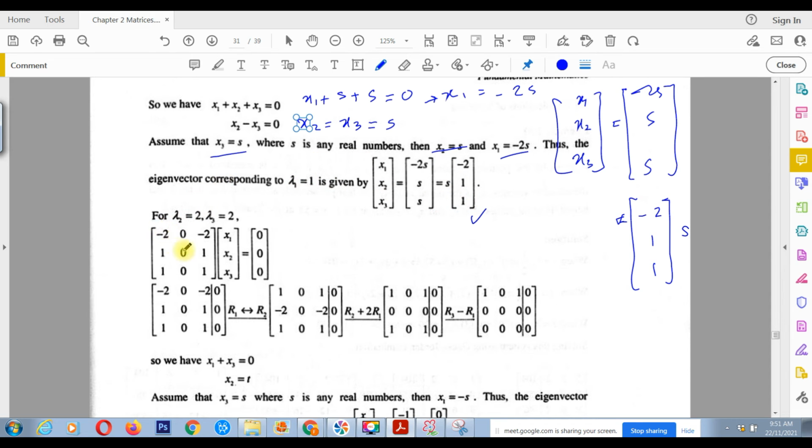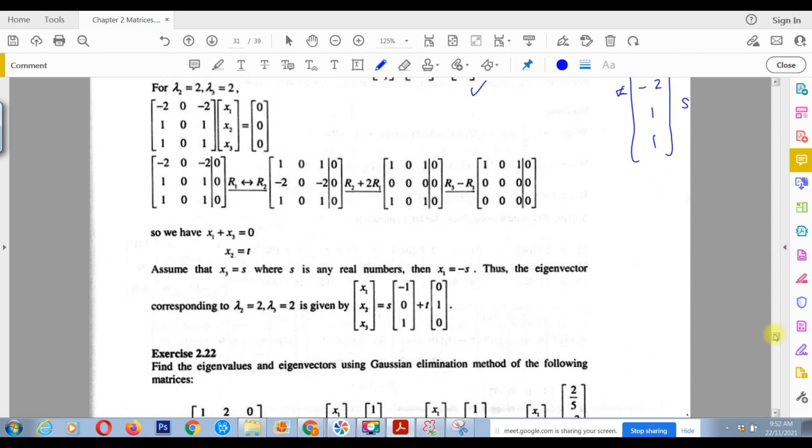For 2, you put it inside here and solve using Gauss-Jordan elimination, and you get this matrix. Once you get 0 0 equals 0, there are 2 rows, meaning 2 variables you need to deal with.